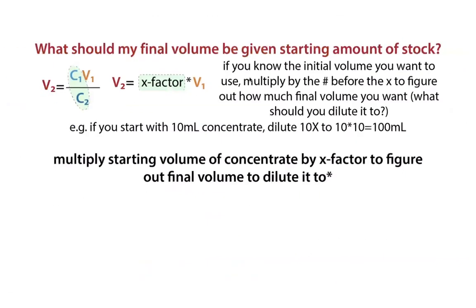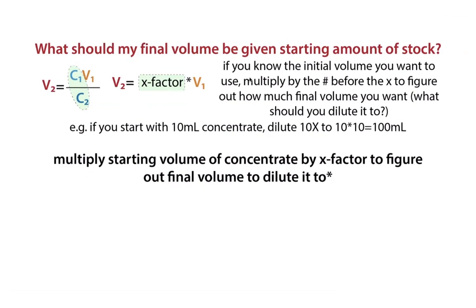The other type of calculation you might be doing is trying to figure out what your final volume should be if you know how much initial stock you have. Basically, you have some amount of your stock solution and you want to know, if I were to dilute this to 1x, what would the final volume be? If you start with, say, 10 mils of concentrate, how much would you have to dilute it to in order to get 1x? To figure this out, you multiply the starting volume of your concentrate by the x factor.